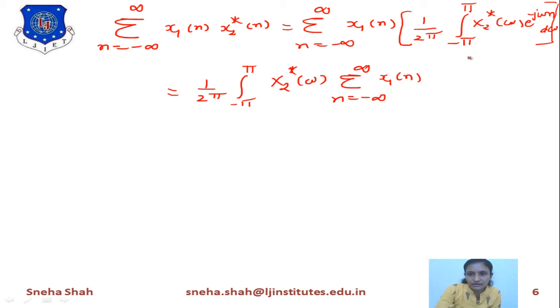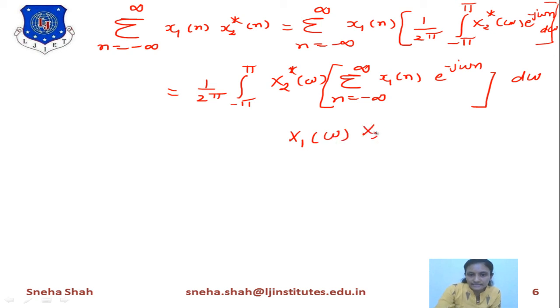In this the term of n will come over here, e raised to minus j omega n, and d omega is a constant, so it will be outside of this summation part. Now you can see that this term is the representation of DTFT of x1 of n. So we will write it as x1 of omega.